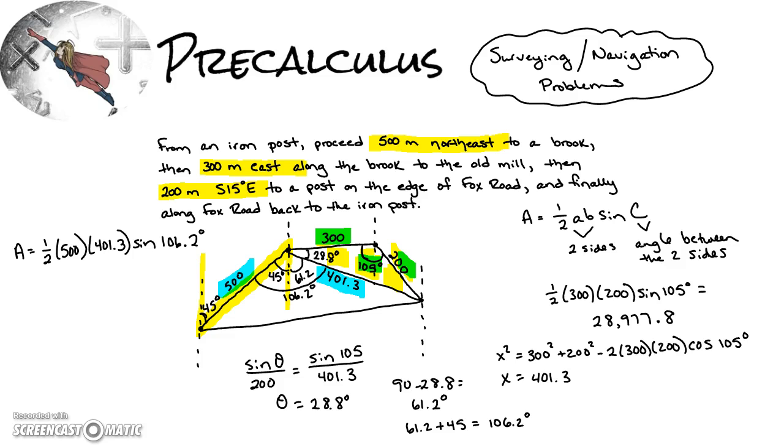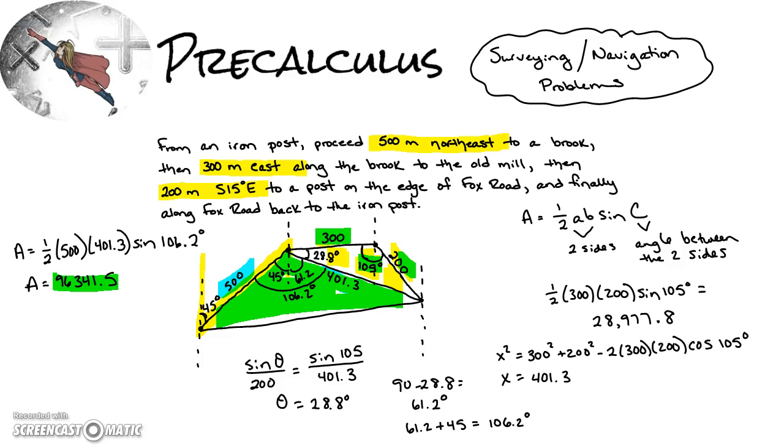And we will just do that in the calculator. So that comes out to a total of 96,341.5.